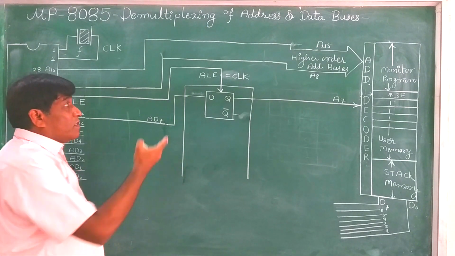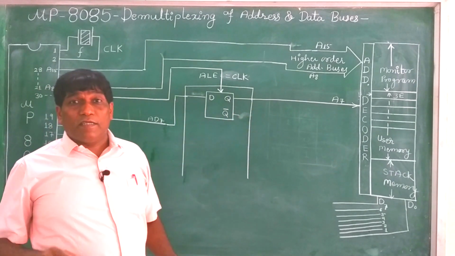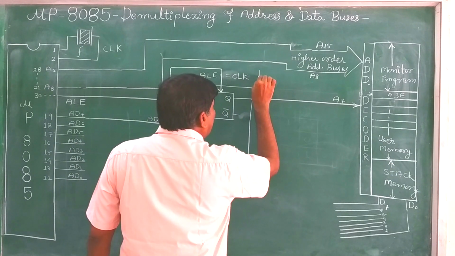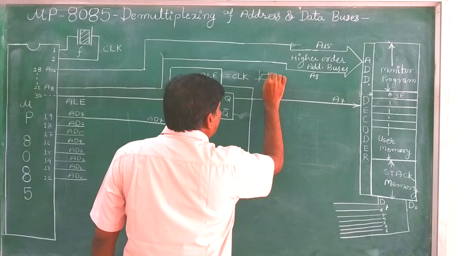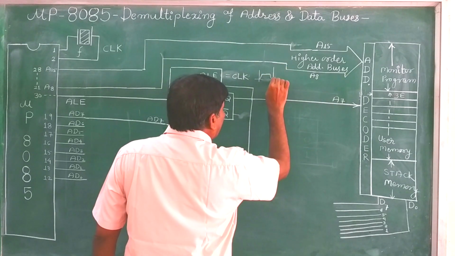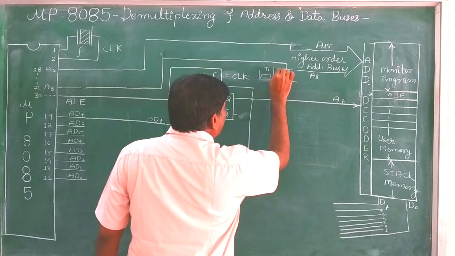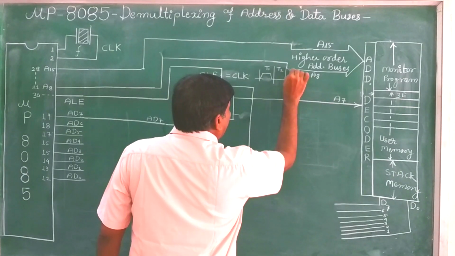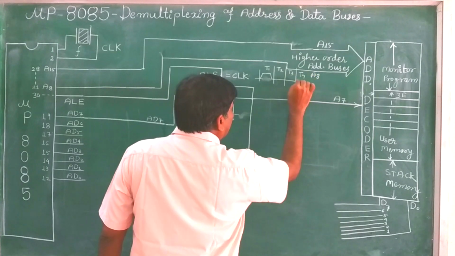As we have already seen, whenever this is activated, only then is there transfer. And we have already studied that ALE is activated during the T1 T state only, and after that it is not activated. If you see the timing diagram, it is activated at T1, and for other clock cycles it is not activated.